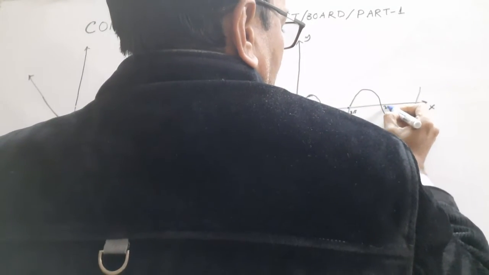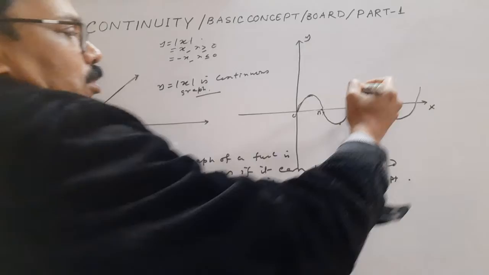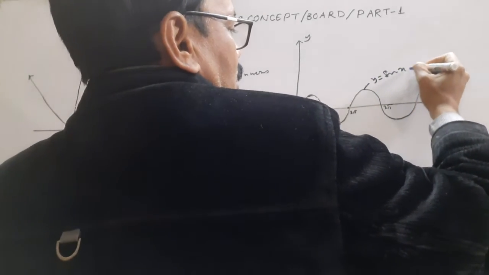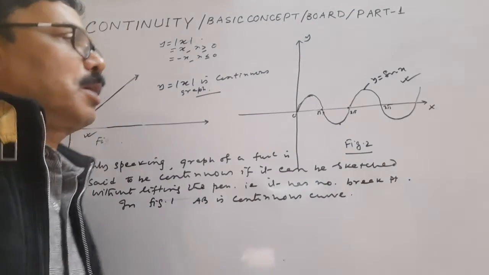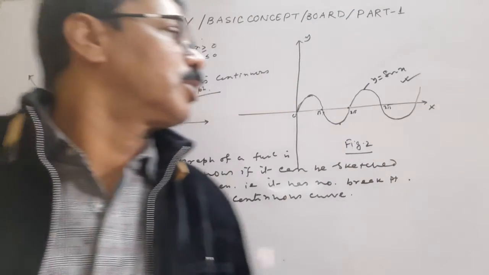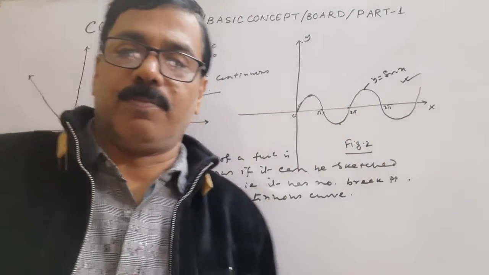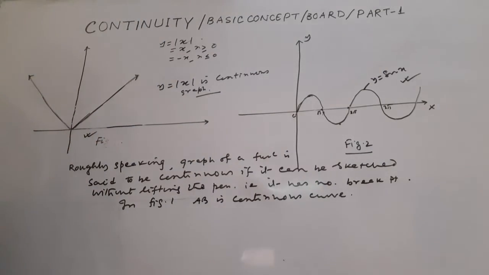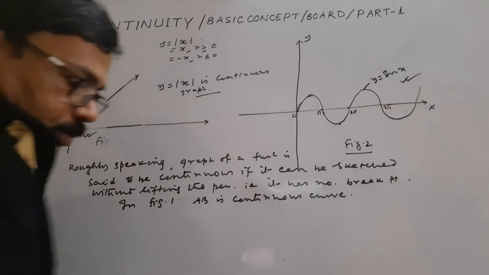You know this is 3 pi, it will continue like this. y equals to sin x. So it is a practical problem of a continuous function. From the graph you can conclude whether it is continuous or not.